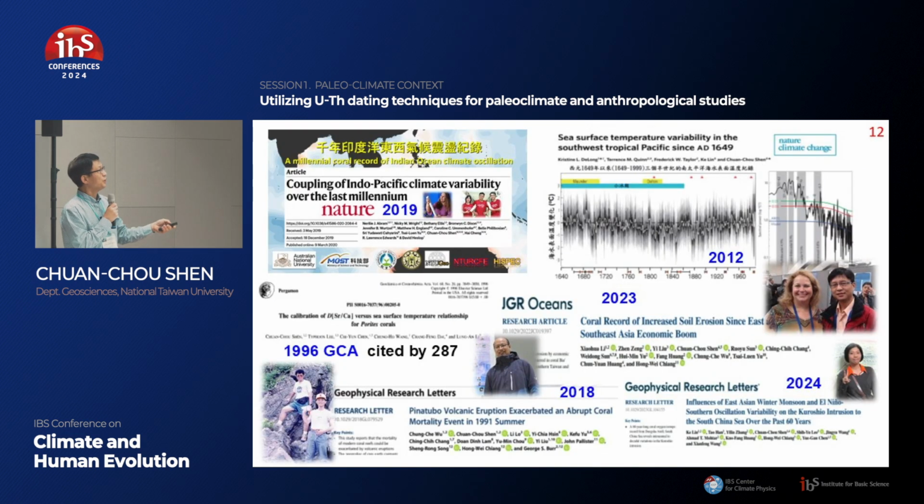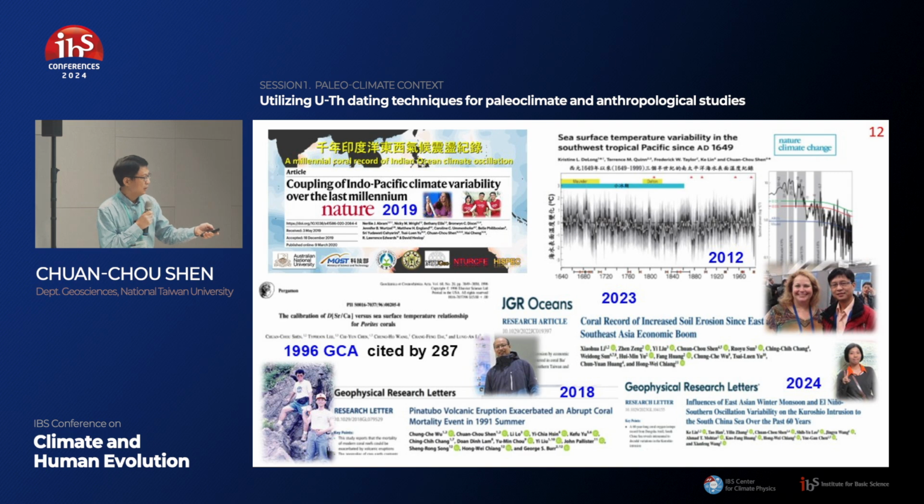So we can offer, like this one, over 400 years of records. This one's age model has almost no uncertainty, almost. Yeah, we should be a little bit conservative. So these are some papers we published using the corals.